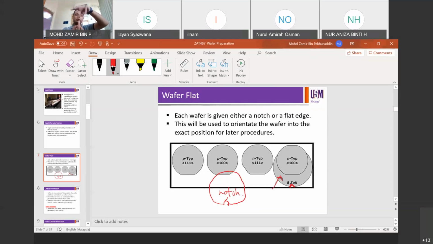If you don't have a notch there, it's going to block the sensor. So it will align until it finds the detector to detect the position, then it is called zero alignment or home position. Then only the process can start. If it doesn't find the home position, the process will not start. Okay, so that's one way to control the process in wafer fab. So that's why the notch is important.